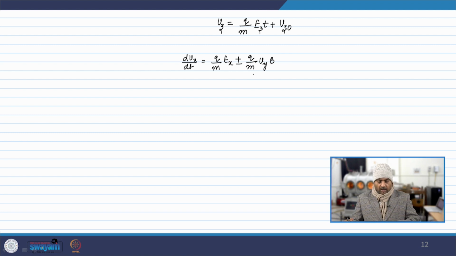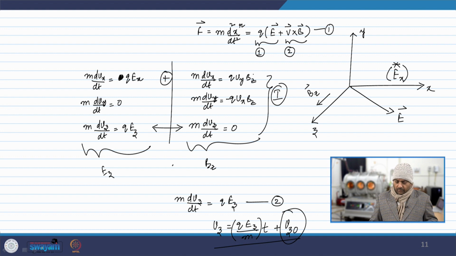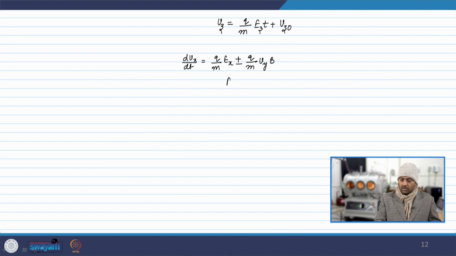Similarly, we can have the third equation. You see, Vx we have taken care of, Vz we have taken care of, now Vy. Is there any component of the electric field along the y direction? No, it is not there. So, Ey is 0, and let us call these equations number 3 and 4.